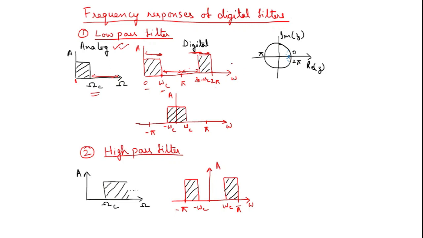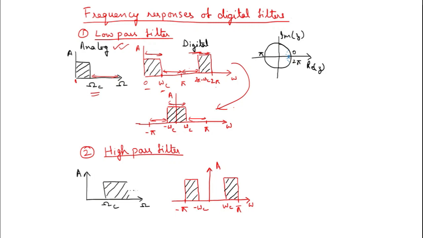However, if we convert this into the frequency region of minus pi to pi, then we get minus pi to minus omega c the stop band, then minus omega c to omega c the pass band, and then omega c to pi again the stop band.